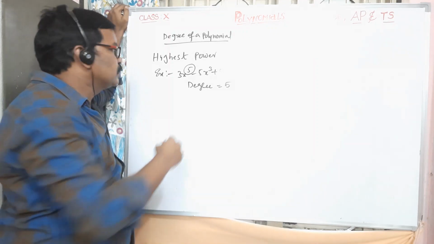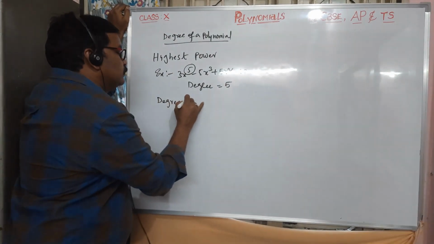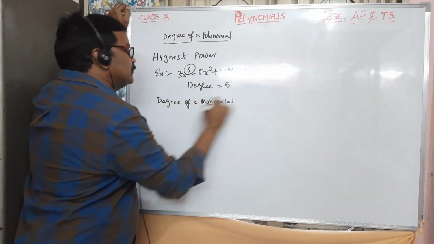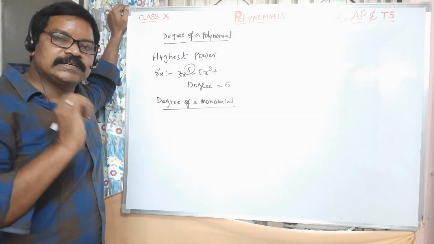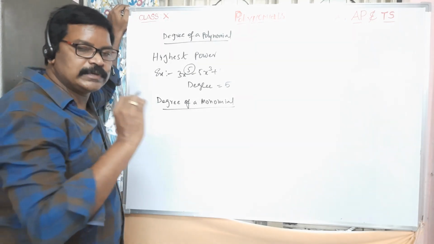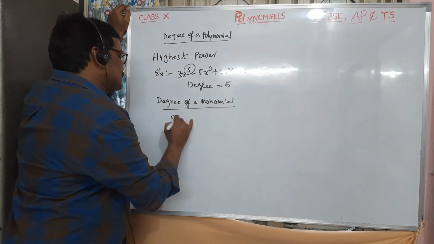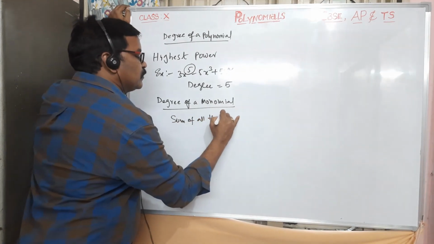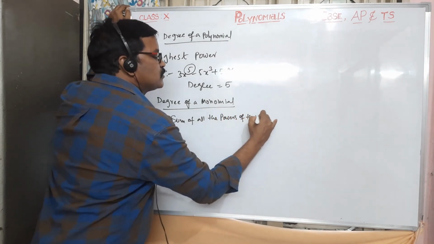Understand, students? The next one is degree of a monomial. What is a monomial? A single term is called a monomial. The degree of a monomial means the sum of all the powers of the variables.